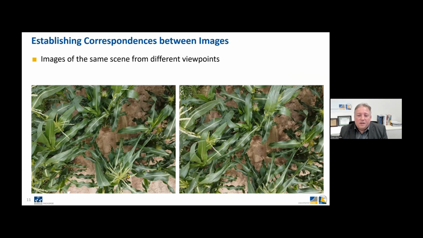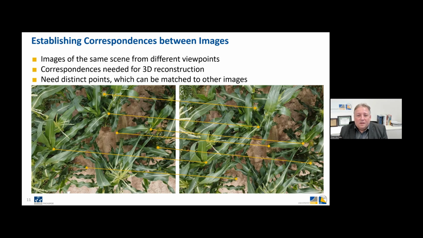Much of 3D reconstruction is based on image correspondences. So we capture from our plant of interest images from different viewpoints, and we establish correspondences. So we find interesting points that hopefully reflect the same object part in the world, and we establish these correspondences by matching descriptors of these interesting points.